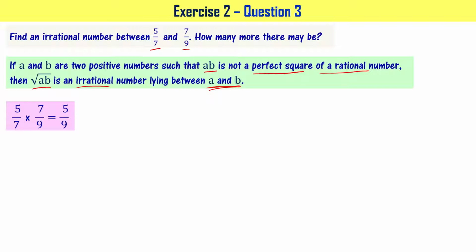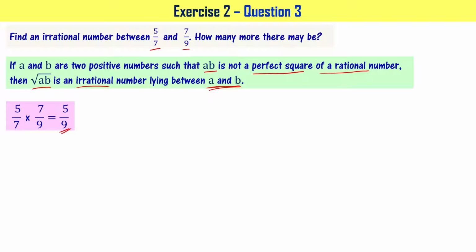5 by 9 is not a perfect square of a rational number. For example, denominator 9 can be written as 3 square, right? But how do I write 5? I can write it as square root of 5 whole square, but square root of 5 is not a rational number, right?